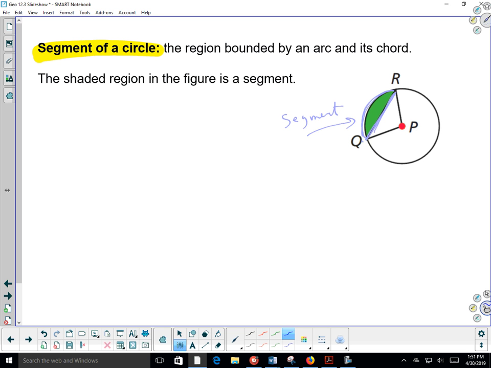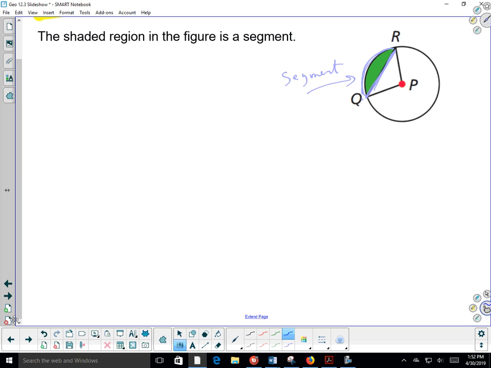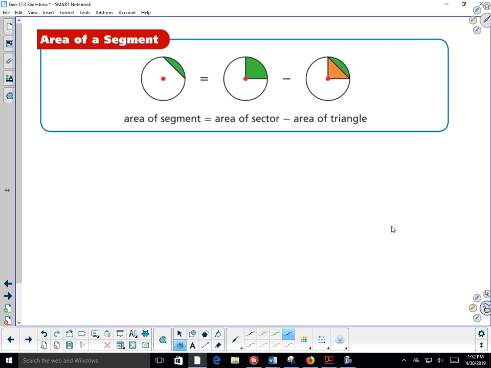So the shaded region in this figure is a segment. All right, in order to find the area of a segment, we're going to need this formula, if you want to think of it this way. If I want to find the area of this segment right here, I'm going to have to find the area of a sector of the circle, but then subtract off the area of this triangle right here.